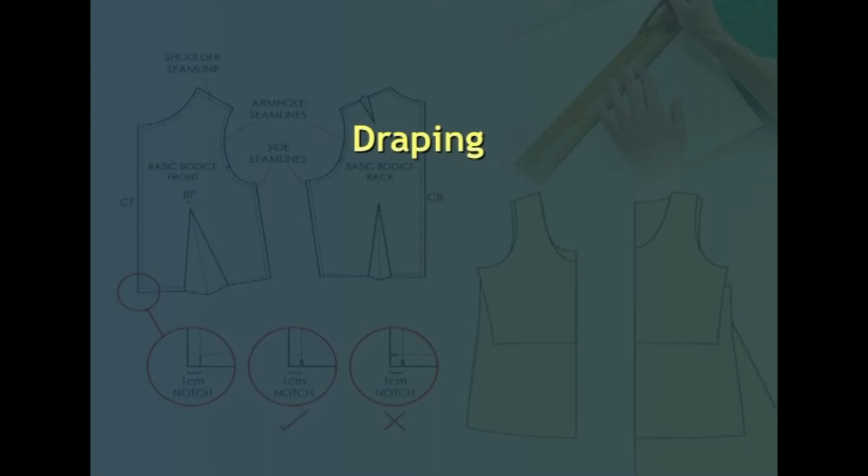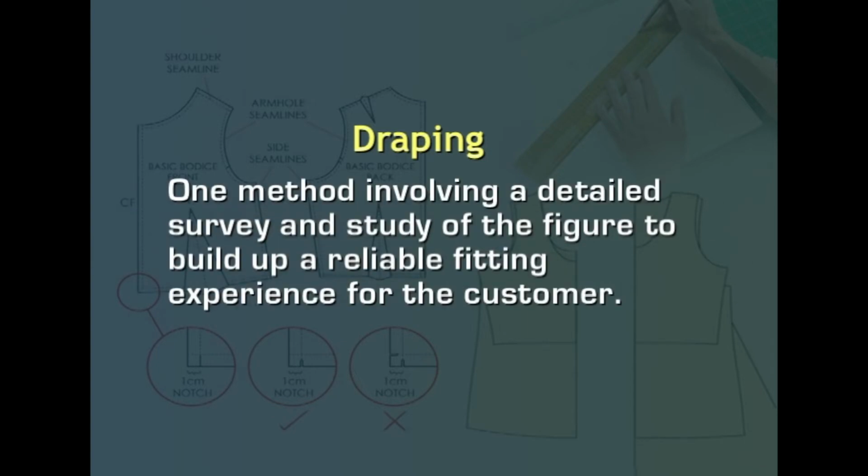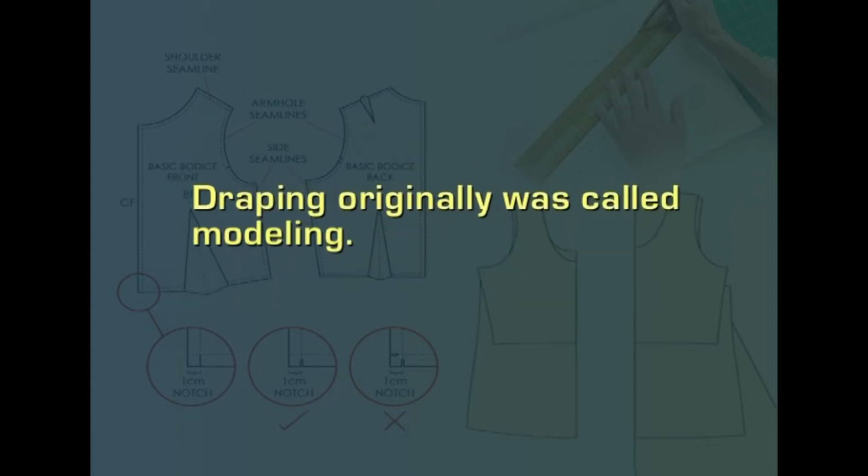Let us look at the other technique, that is draping. Draping can be treated as one method involving a detailed survey and study of the figure to build up a reliable fitting experience for the customer. Draping originally was called modeling.